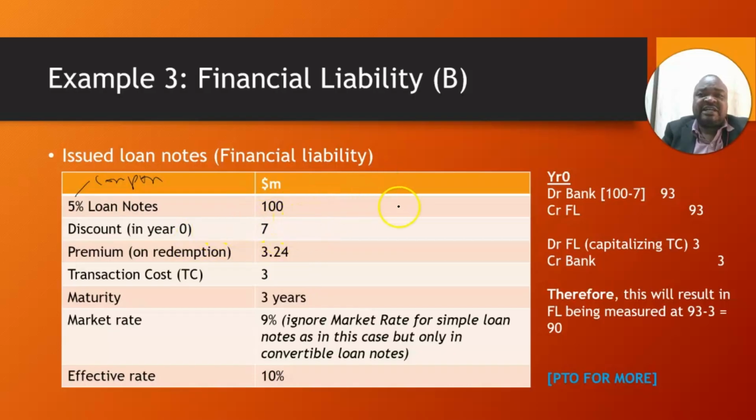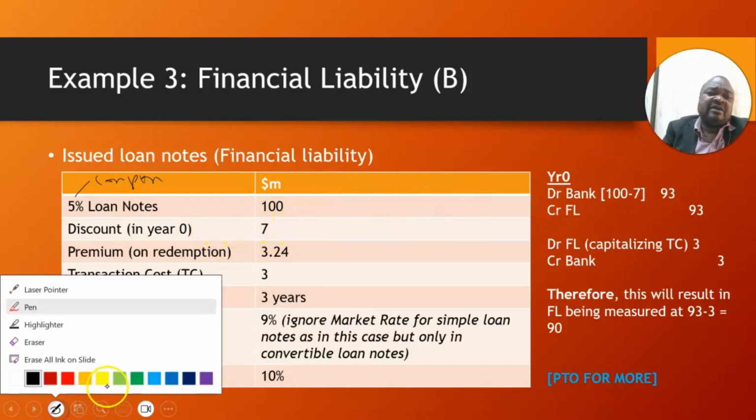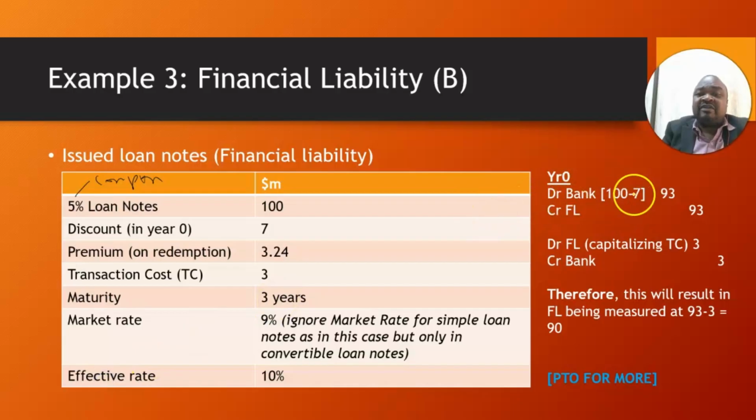So which means that's 93. This is why we are going to only receive 93. We are receiving 93, but we need to repay 100 million. Sometimes there is a premium. Like for example, it now becomes 103.24 million, right?